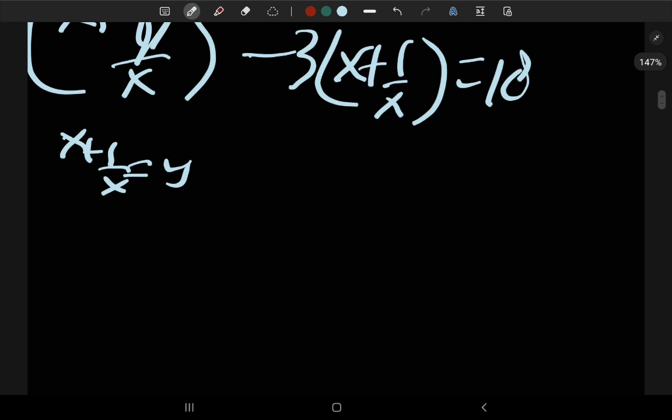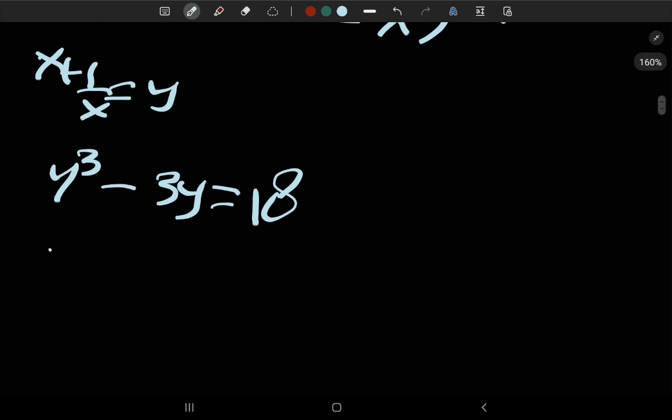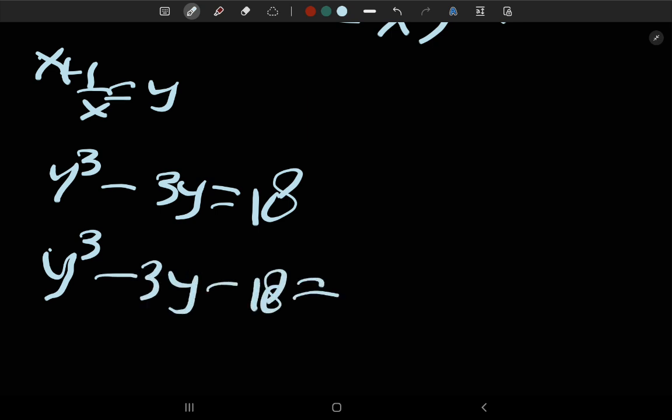So we get y cubed minus 3y is equal to 18. This looks like a cubic equation, so we write y cubed minus 3y minus 18 is equal to 0.